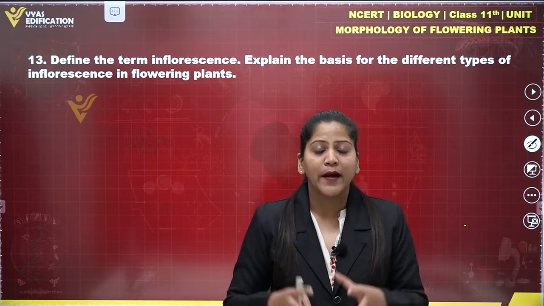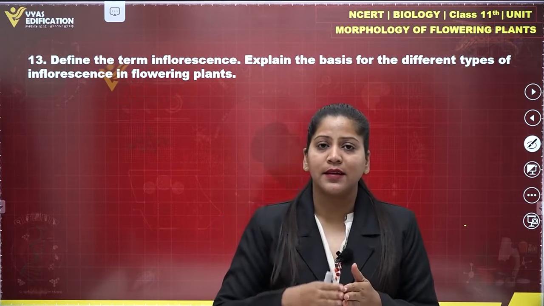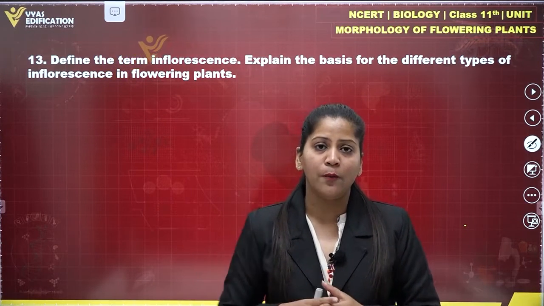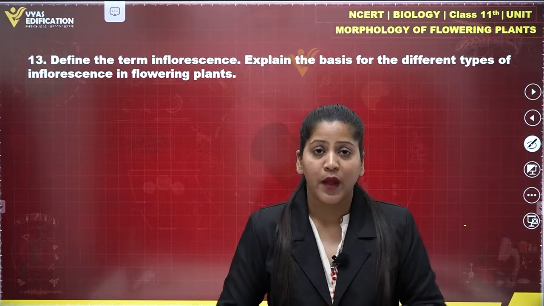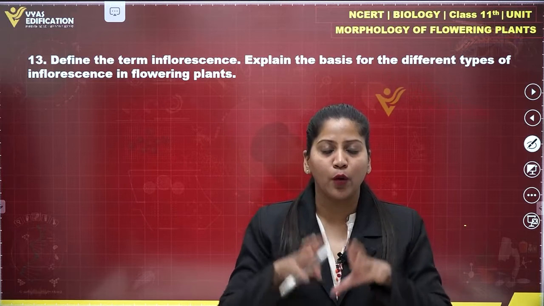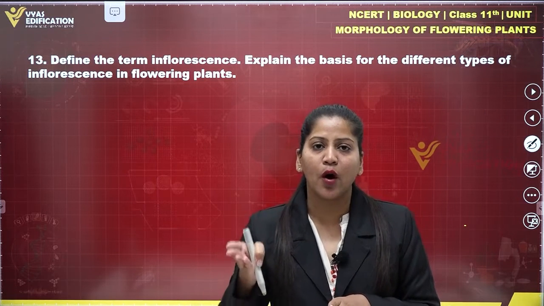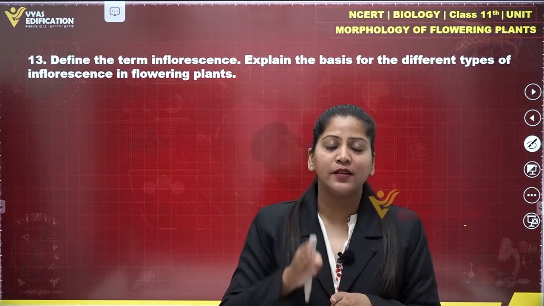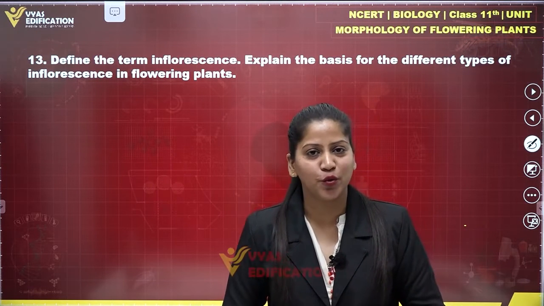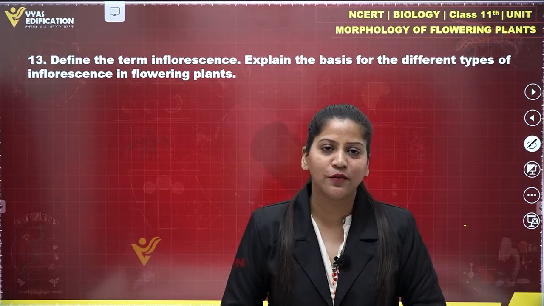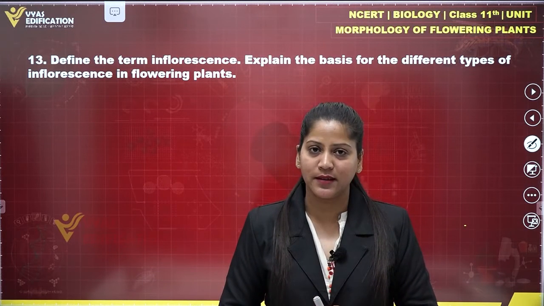Now, on the basis of whether the floral axis continues to grow or whether it stops and terminates into a flower, the inflorescence is classified into two types, that is racemose inflorescence and cymose inflorescence.